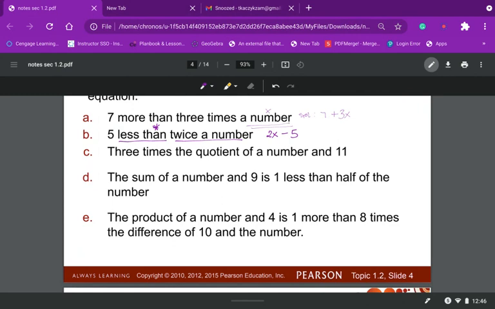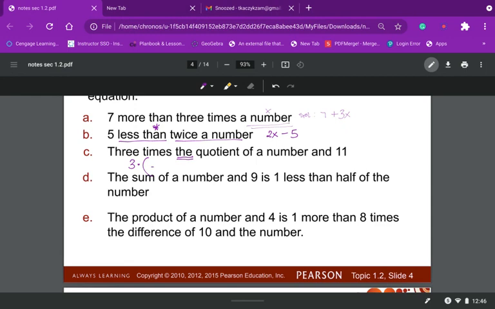C, we have 3 times the quotient of a number and 11. So the solution here will be 3 times. Times stands for multiplication. The word the stands for parentheses, which means you have to open the parentheses. And we're talking about the quotient.